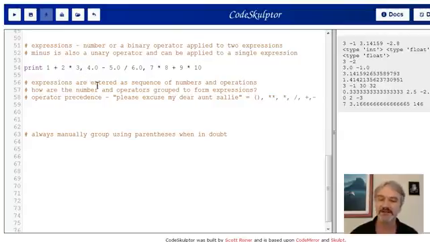It turns out there's this notion of precedence, and you probably studied this in middle school algebra. You probably learned a mnemonic, which was, please excuse my dear Aunt Sally. The first letter of each word in that phrase gives us the order in which we should do operations when we're taking this linear version of an expression and thinking about it in terms of the recursive definition.